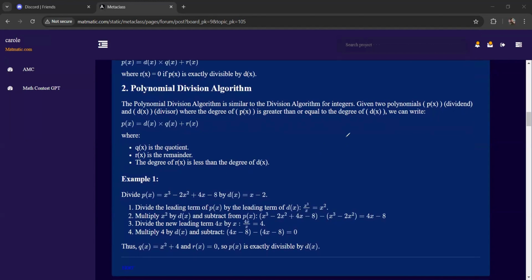So we can just write this as x minus 2 divides x to the power of 3 minus 2x squared plus 4x minus 8. Okay, so here we have it in long division form. Let me just move this down.